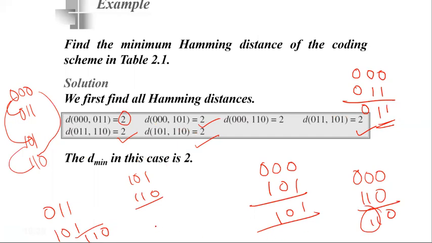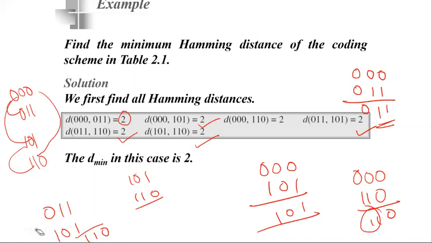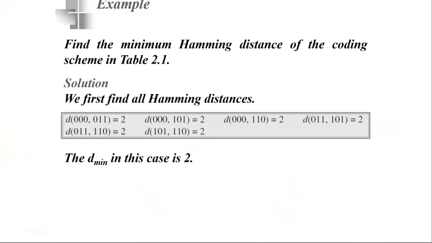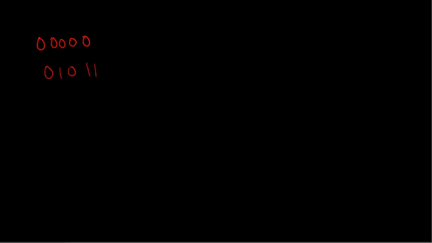Now we will take the next example. For the next example, we will take the next table that we had earlier. The numbers we had were 0, 0, 0, 0 and then 0, 1, 0, 1, 1, and we have to XOR them.